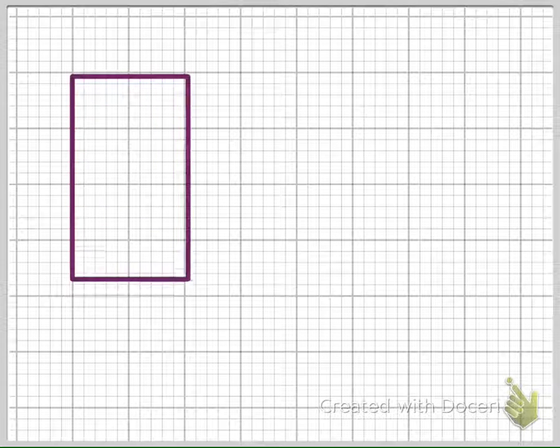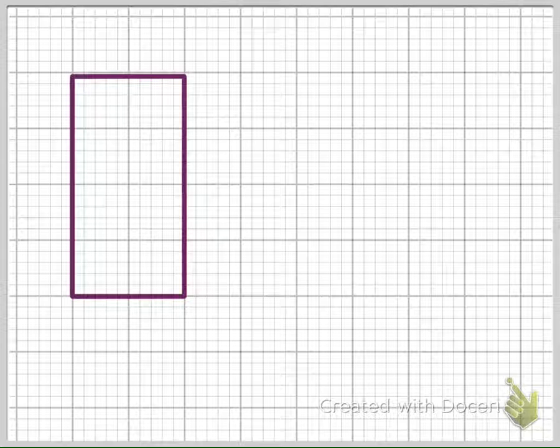So basically, for any right triangle, and you want to write this down in your notes, for any right triangle, you can think of it as half of a rectangle or half of a square.